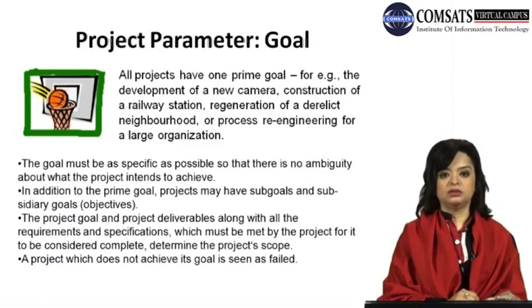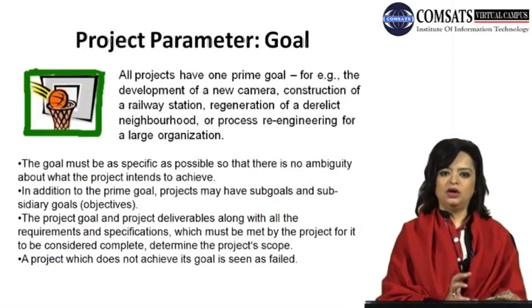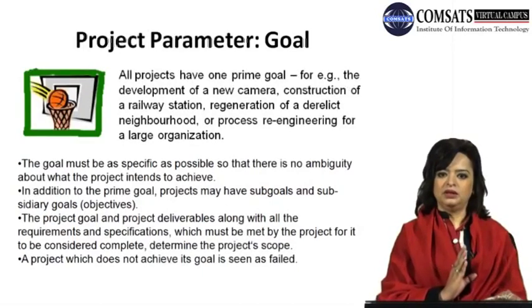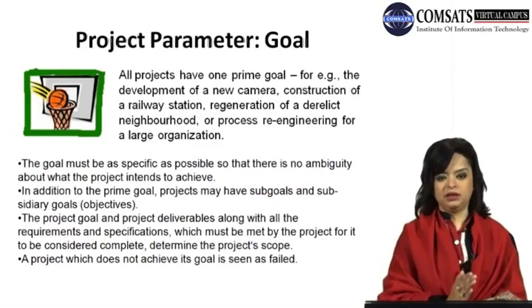A project which does not achieve its goal is seen as failed. Let me clarify one thing. If you read through it, there are always signs between the project's initiation and the ultimate claim of being labeled as a failed project.